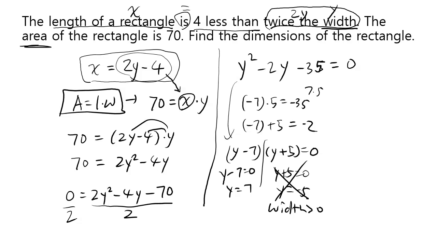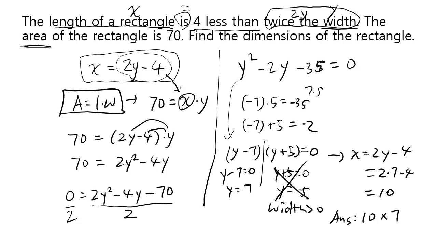Well, if you plug in 7 here, x is 2y minus 4, and because y is 7, 2 times 7 is 14, 14 minus 4 is 10. So x equals 10. So the answer is, the dimension is a 10 by 7 rectangle.